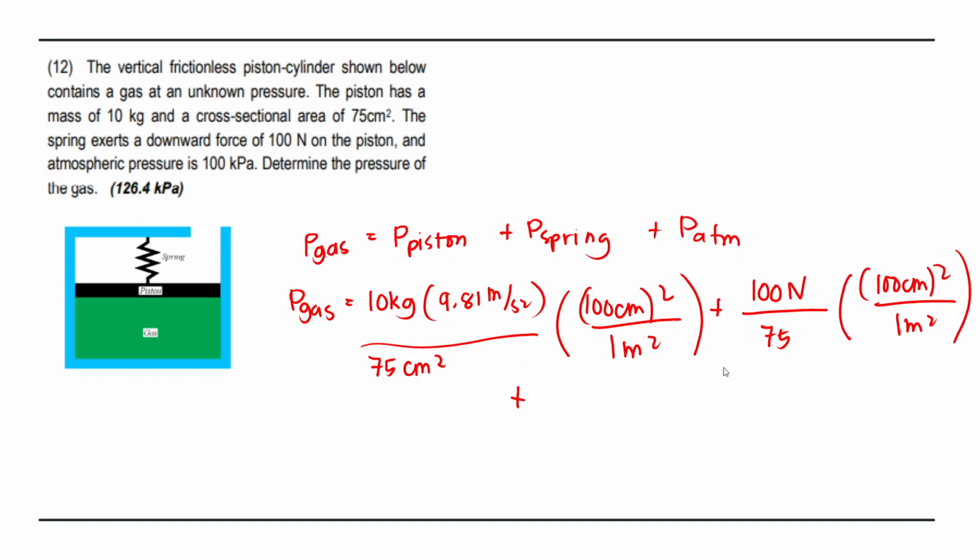Plus the atmospheric pressure of 100 kPa. Convert natin into Pascal kasi Pascal ang sagot dito. So, 1 kPa times 1,000 Pascal. Okay, so ang pressure ng gas natin ay equivalent sa, compute natin.